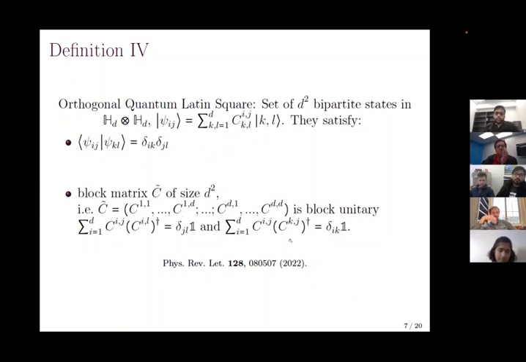It is a bit of an involved definition, and it's basically saying that, like the usual quantum Latin square, we have orthonormality, and you can construct certain blocks of this coefficient matrix. Basically, they are unitary.